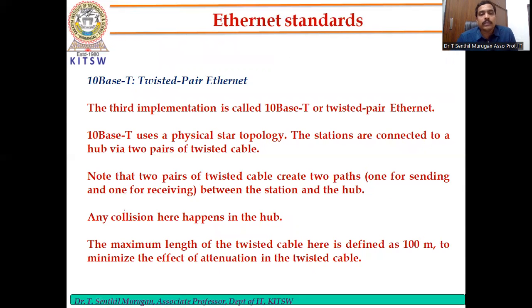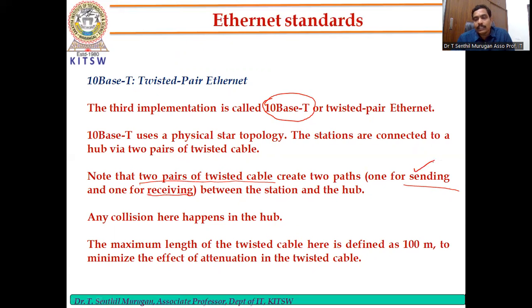Now we go to the third method, twisted pair Ethernet. We represent it as 10 Mbps speed, baseband transmission, with unshielded twisted pair cables. Two pairs of twisted cables create two paths, one for sending and another for receiving. So two cables will be used between the station and the hub.